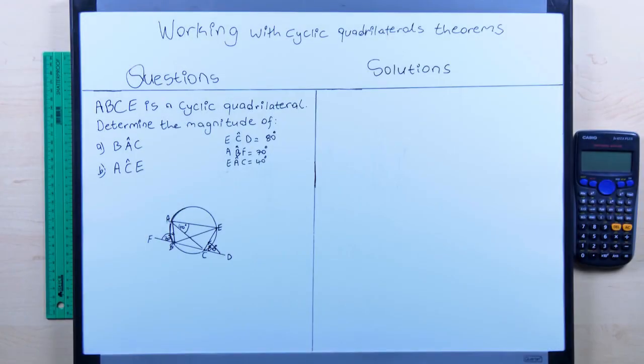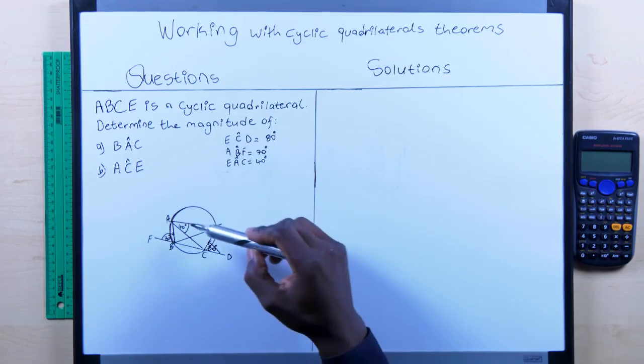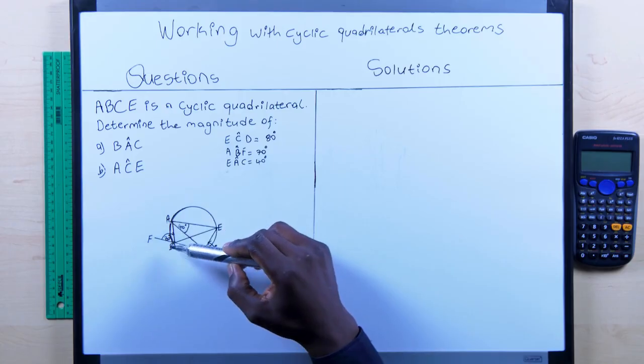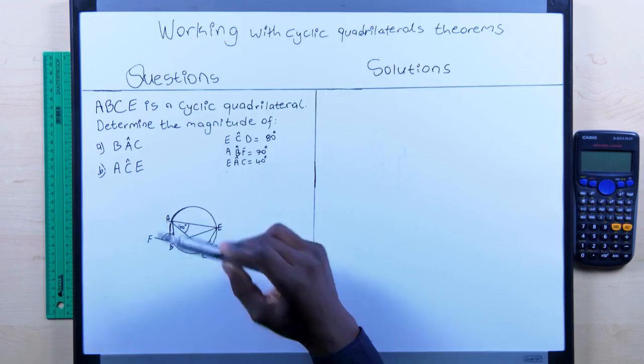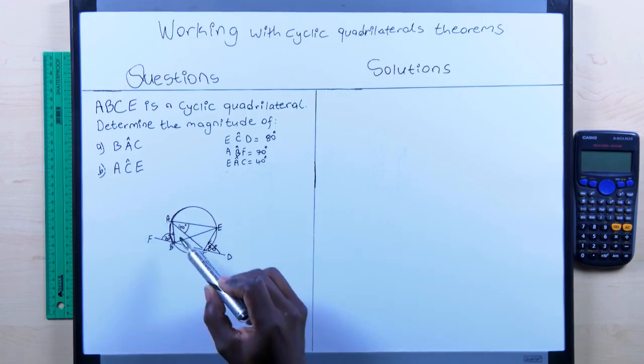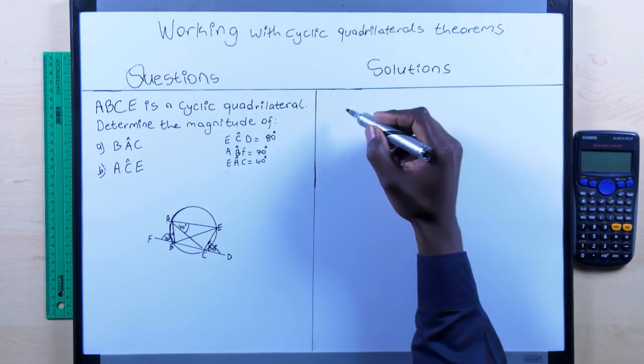ABCE is a cyclic quadrilateral. Determine the magnitude of angle A formed by BAC. We are interested in angle A. We have to understand that we'll be looking at a triangle of this nature.